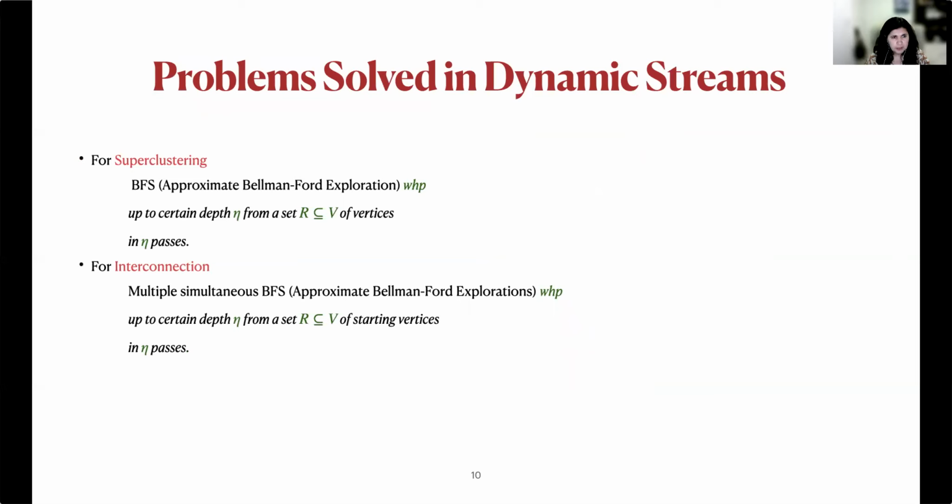So to implement superclustering and interconnection in dynamic streams, we solve the following problems. For superclustering, we give a subroutine for performing a BFS exploration in unweighted graphs and an approximate Bellman-Ford exploration in weighted graphs up to a certain depth, let's say eta, from a chosen set of source vertices in eta passes.